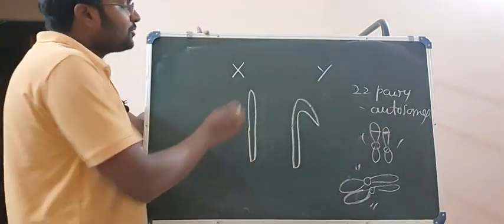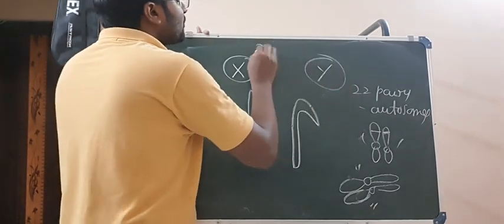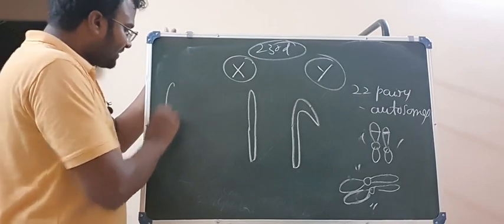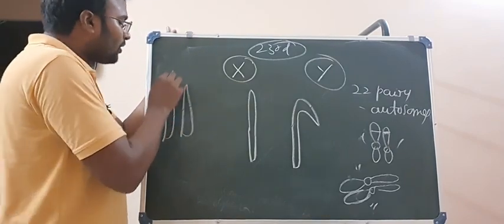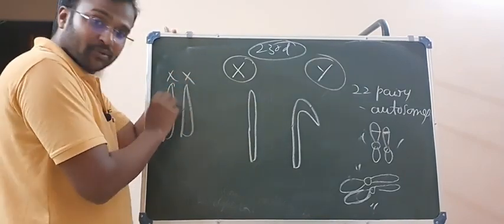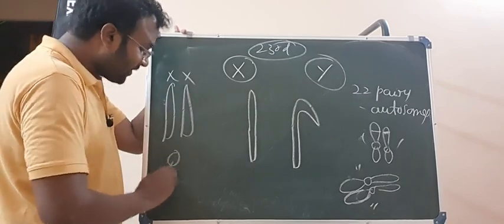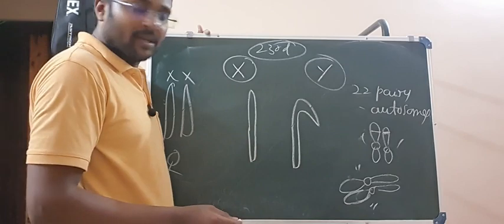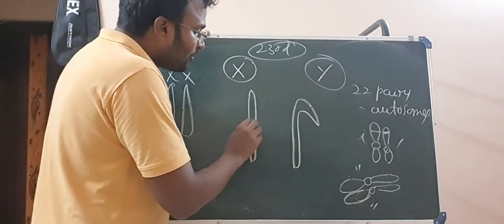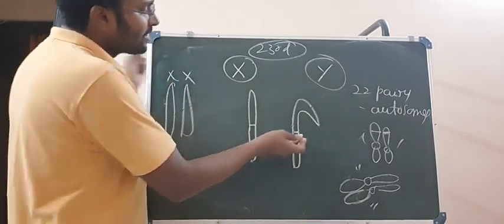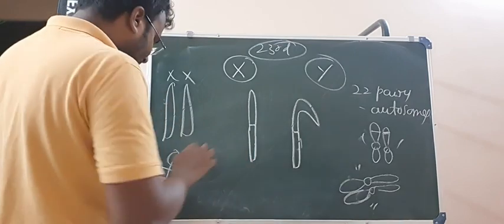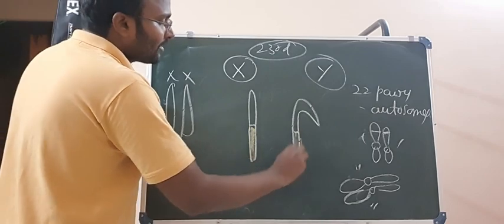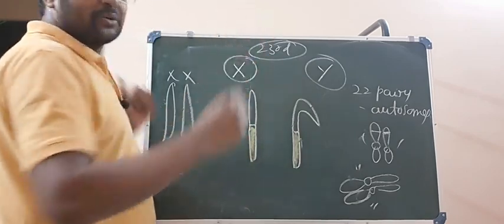But coming to the X and Y chromosomes, the 23rd pair, if it is X and X, it is not a problem. These are homologous to each other in females. But in males, these are not homologous. They are partially homologous. That means half of the X chromosome matches with half of the Y chromosome.